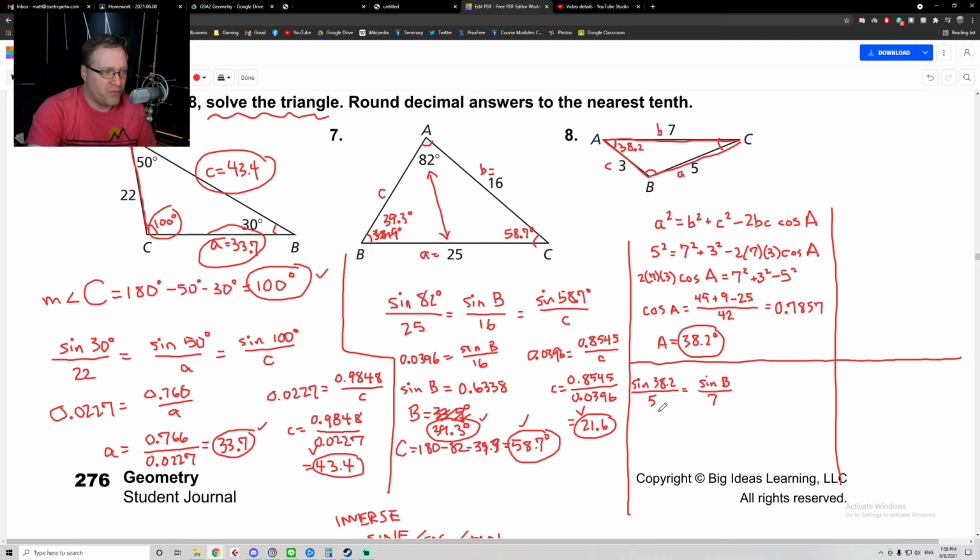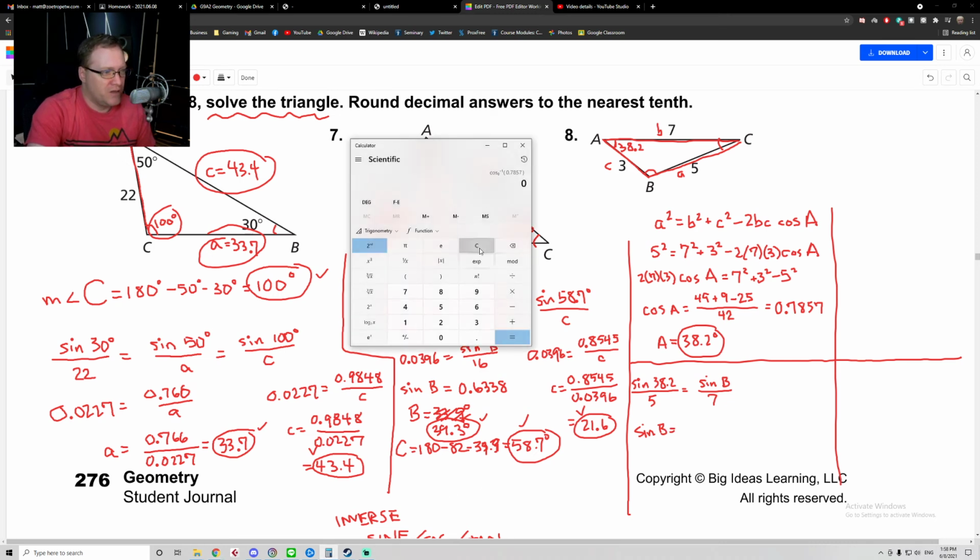And the way we solve this for sine B is, we're going to take our calculator out again. We say 38.2 degrees, and then we take the sine. Here's the sine button. It gives us 0.6184, and we want to divide by 5.